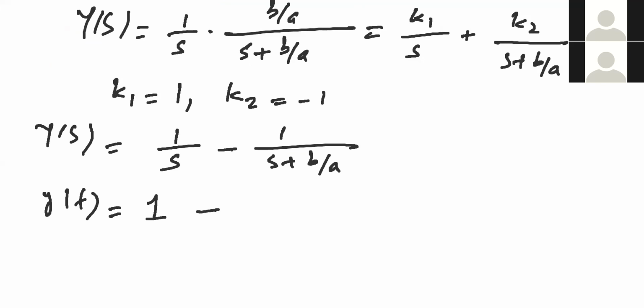So this will be e raised to the power minus b divided by a multiplied by t, and you can also write the unit step function if you like.